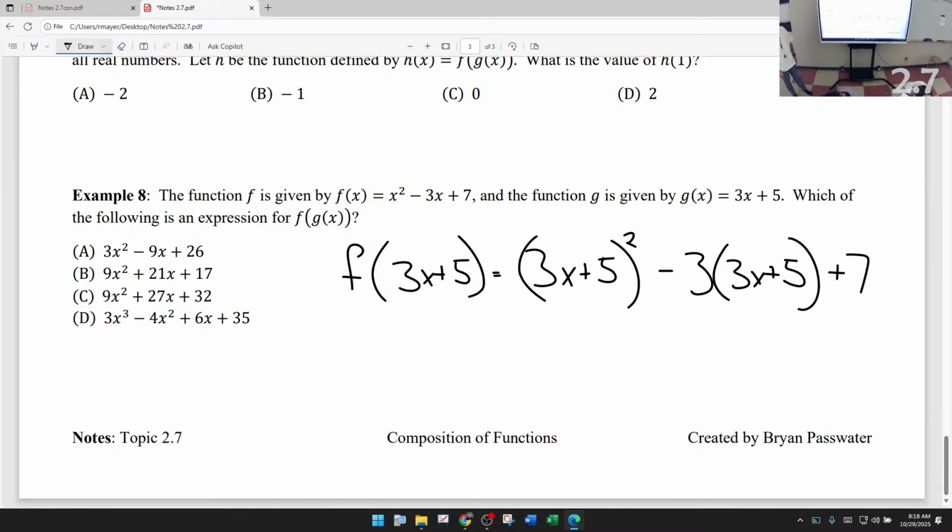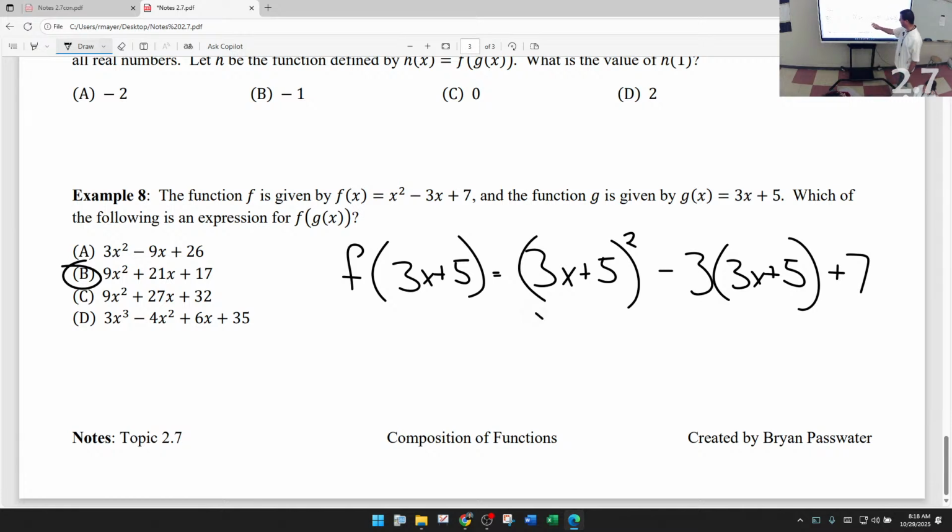Five squared is 25. 25 minus 15 is 10. 10 plus 7 is 17. I cheated. I figured out what the constant was.